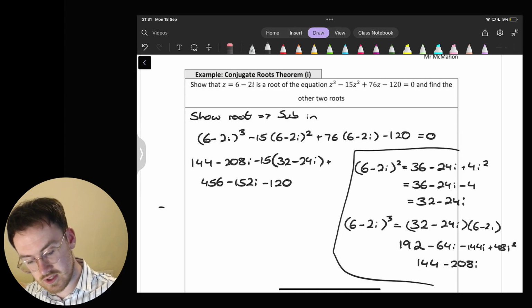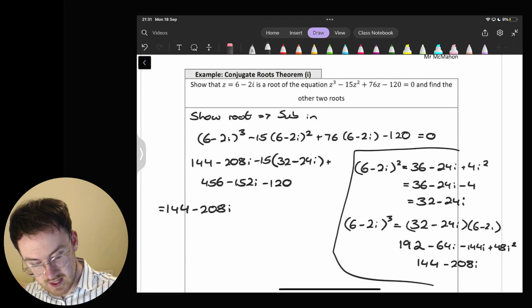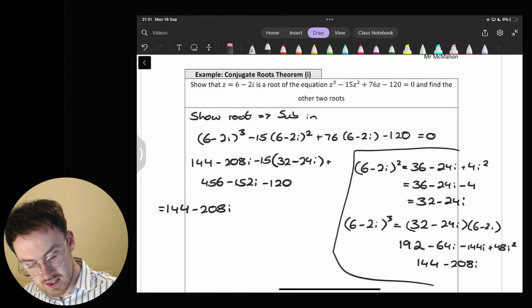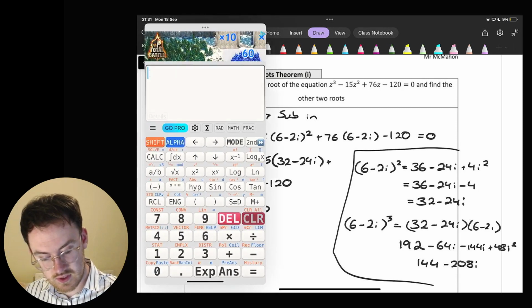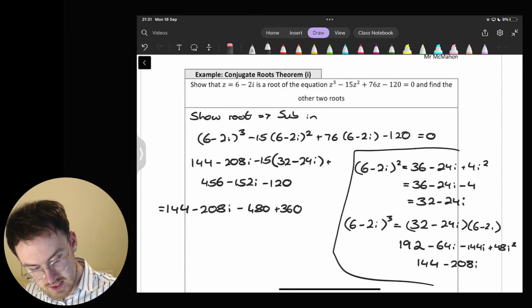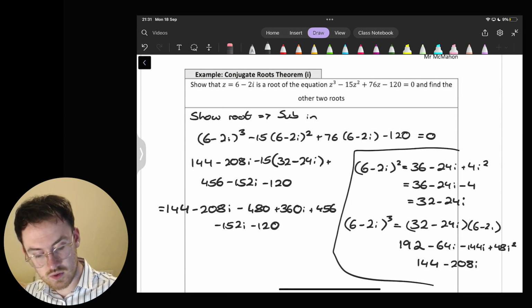Okay, let's multiply all of this out again. So 144 minus 208i, 15 times 32 gives me 480, so minus 480, 15 times 24, so plus 360i, plus 456 minus 152i minus 120.